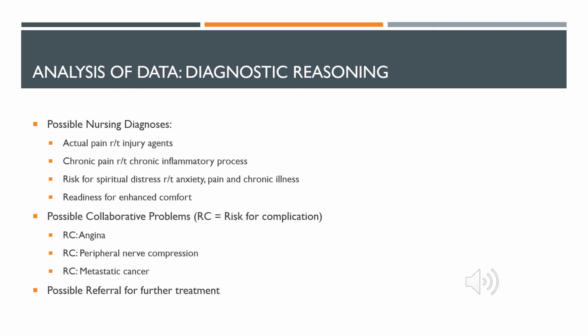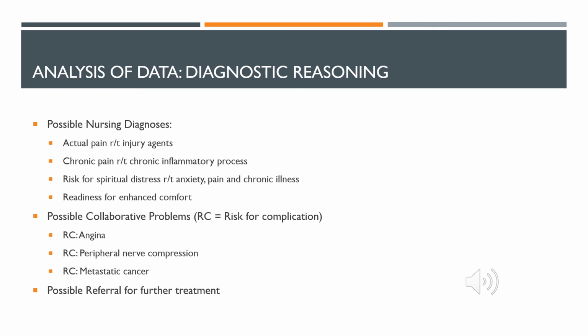which differ. Remember that, and I didn't do a great job at explaining this before. So your collaborative problems differ from your nursing diagnoses in that they cannot be prevented by nursing interventions. Okay. These complications can be monitored and detected by the nurses, and they should be.